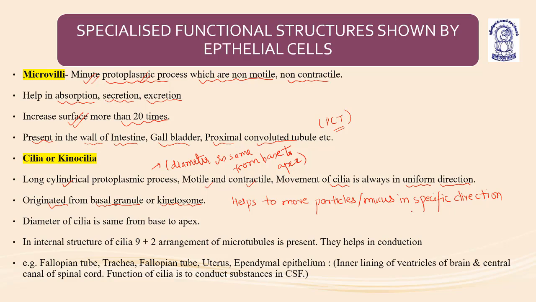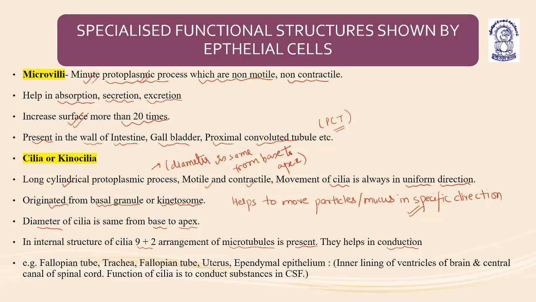A specific direction means a uniform direction. The diameter of cilia is the same from base to apex. In the internal structure of cilia, a 9 plus 2 arrangement of microtubules is seen. They help in conduction.